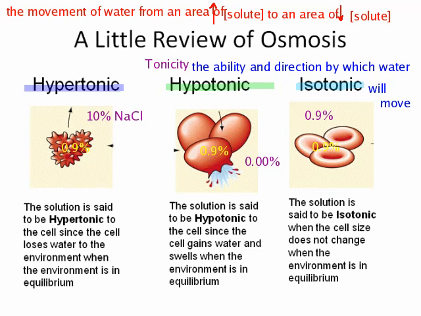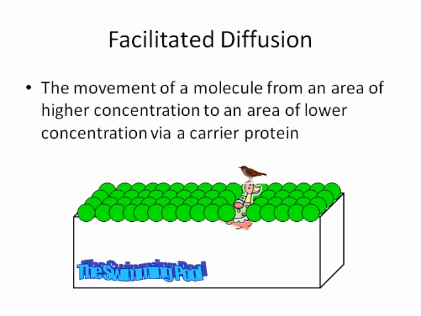There is no net gain in the water movement. Everything has reached equilibrium. And so that's your basis between hypo, and isotonic solutions.